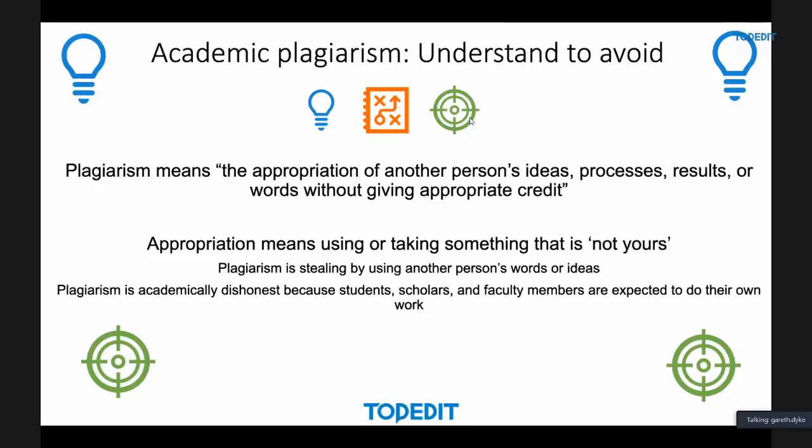This basically means that you're taking somebody else's ideas, words, processes, figures, data, and using them in your work without giving appropriate credit. Appropriation means using or taking something that you didn't create yourself. So stealing is a big word, but plagiarism means that citations in your work are lacking. Something has come from the work of another author and it's not been appropriately cited.